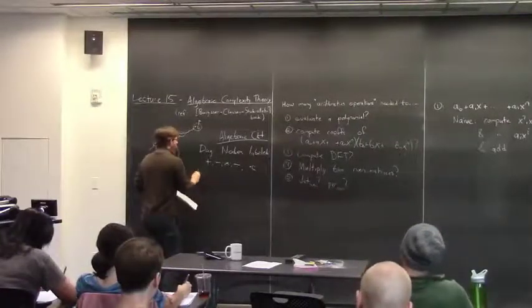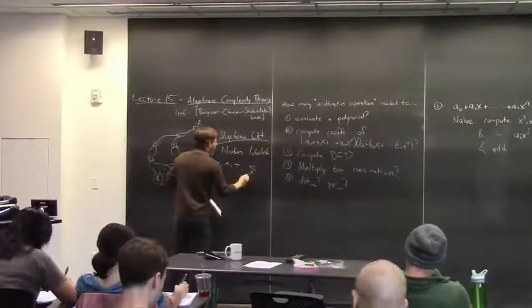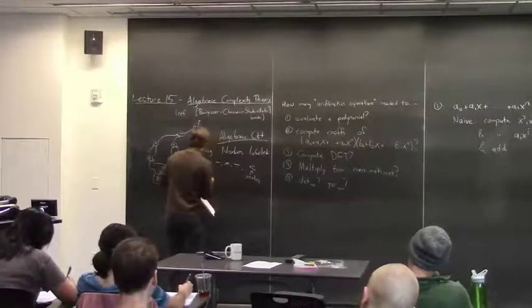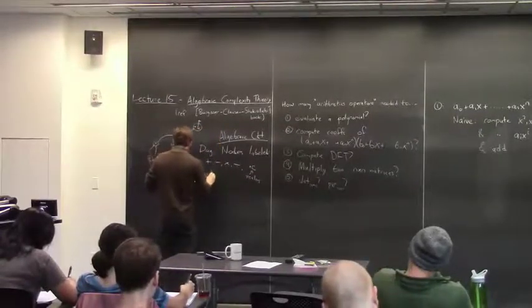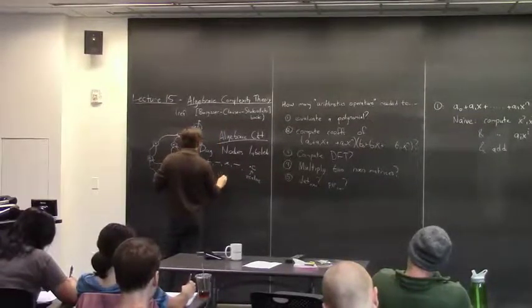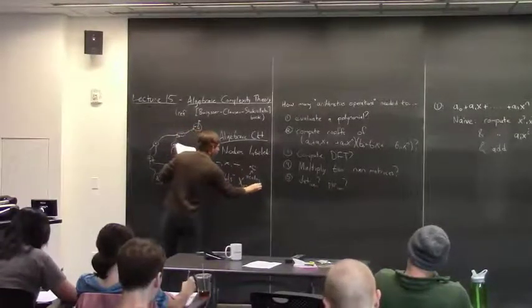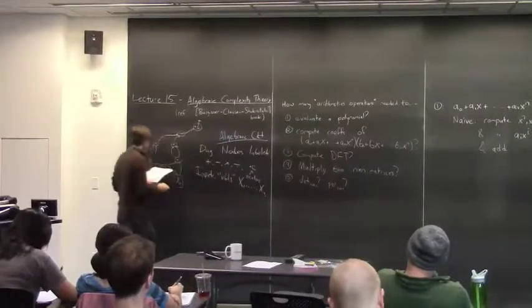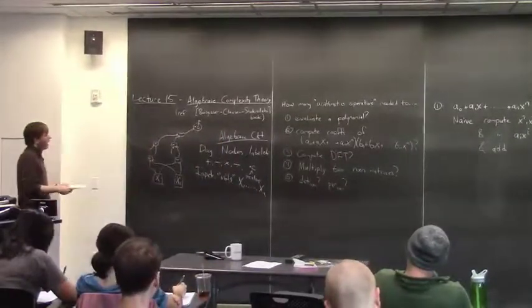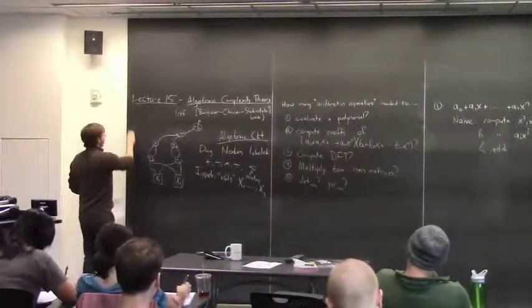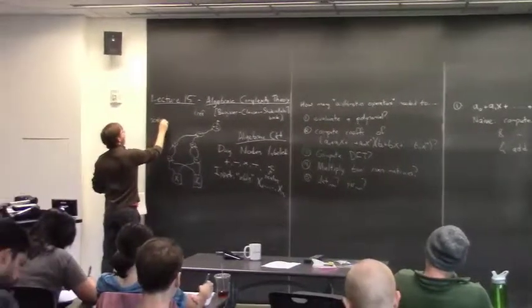And the inputs, these are scalars. Let me write that. And the inputs are called variables, which I'm going to write as capital X1 through capital Xn. And I should mention that these scalars are coming from usually a field.